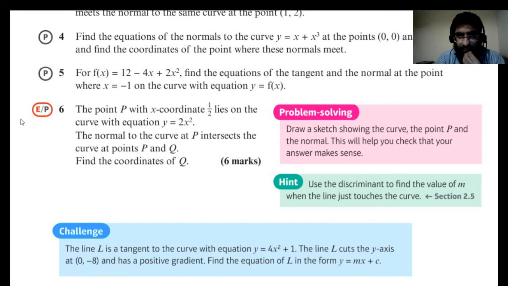So the point is 1 by 2 comma 1 by 2, which means that the normal to the curve at the point P intersects the curve at P and Q. Find the coordinates of Q.